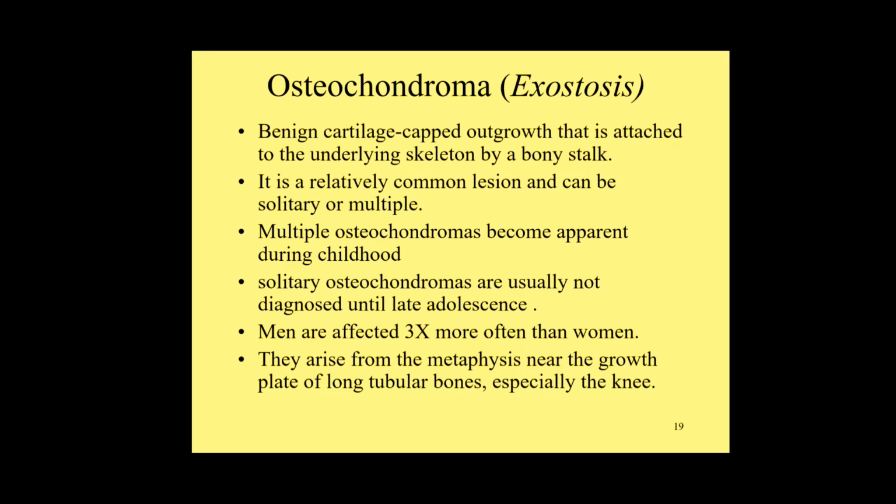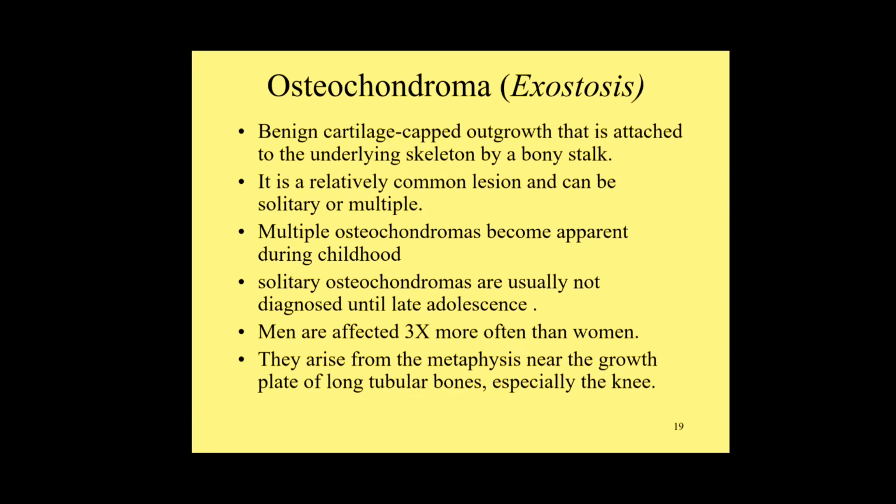Now coming to the cartilage-forming tumors, osteochondroma is the most common cartilage-forming tumor. Majority of the primary bone tumors are cartilaginous tumors. So a benign cartilage-capped outgrowth will be there, that is attached to the underlying skeleton by a bony stalk.